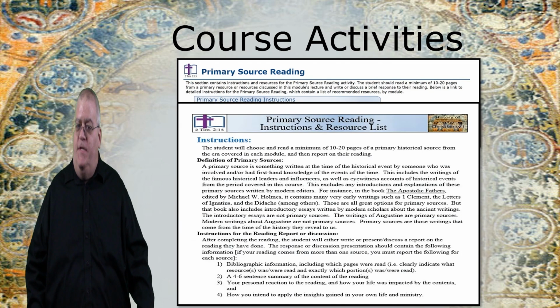And I've provided detailed instructions for this activity, as well as a list of good primary sources for each module. Now, that list is not exhaustive, and you can choose other good resources, but that list is a good place to start, and it has links both to print and online primary sources that you can use.